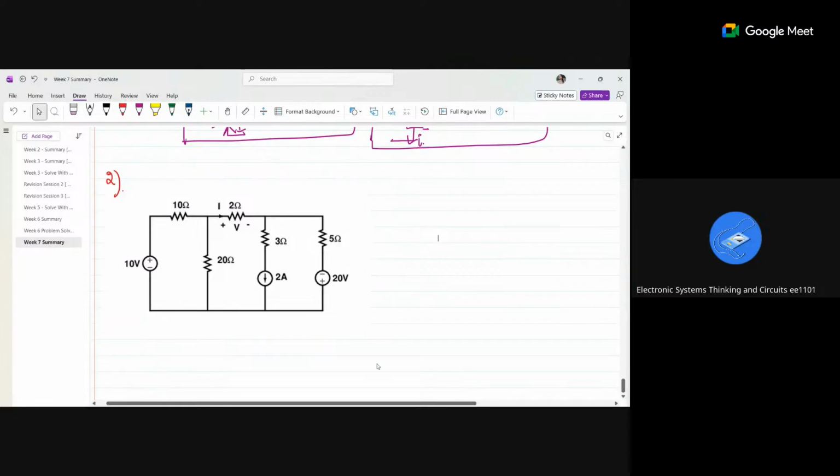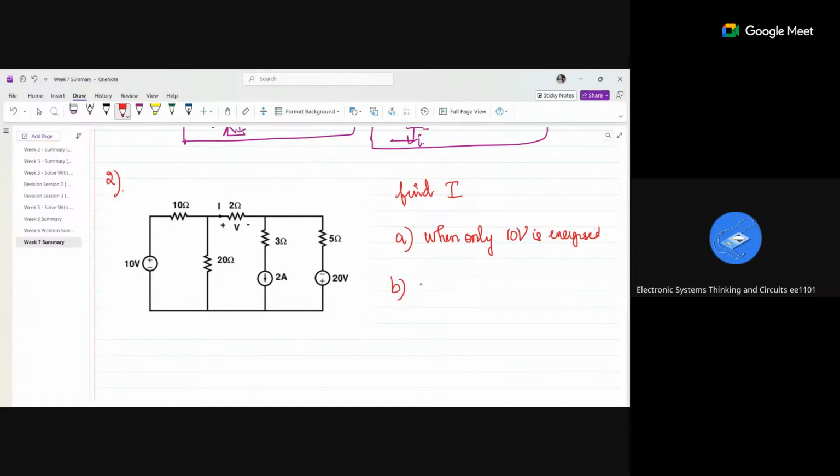So what you have to find is I. But when only 10 volt is energized, that is A. When only 2 ampere is energized, that is B. When only 20 volt is energized, that is C. You have to use the superposition principle to find this.